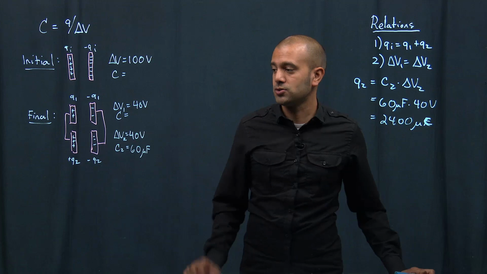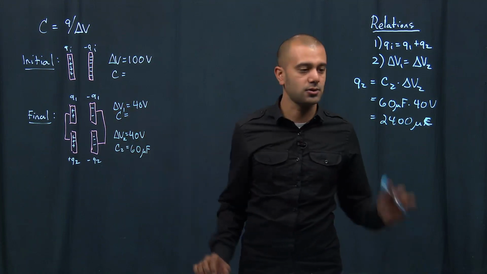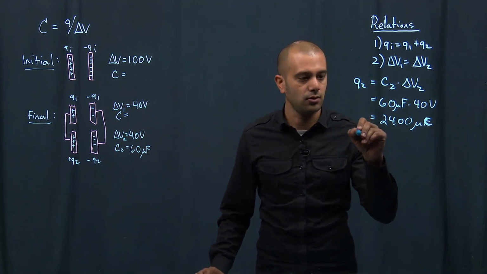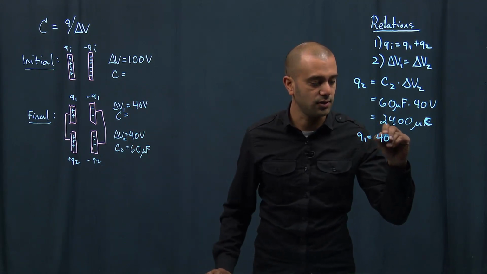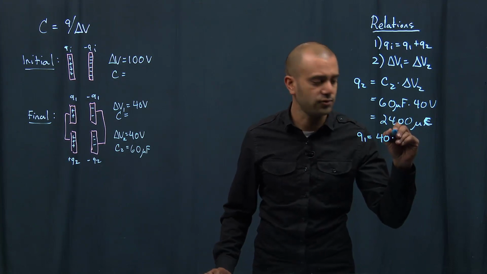Applying the capacitor equation to the first capacitor after it's hooked up, we get Q1 equals C times delta V, so it's 40 volts times C, sorry.